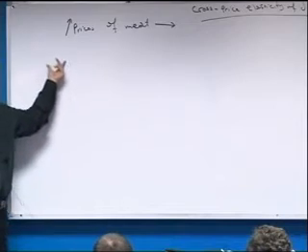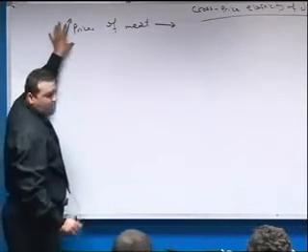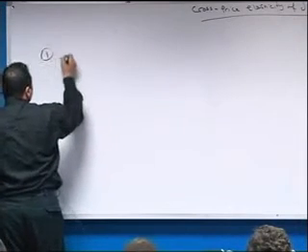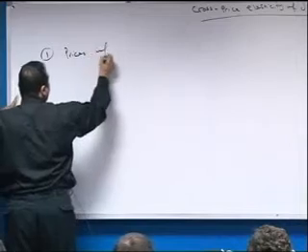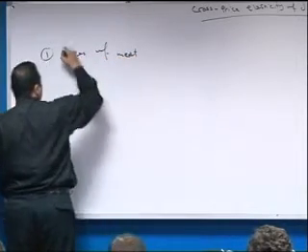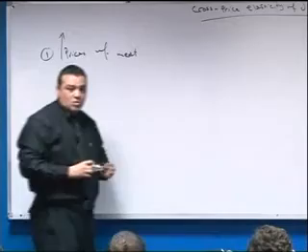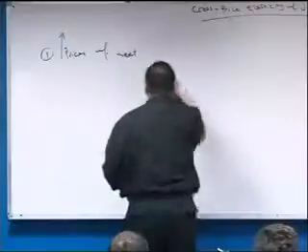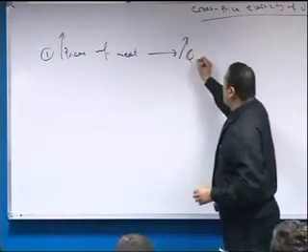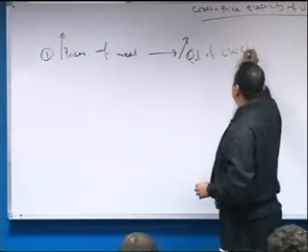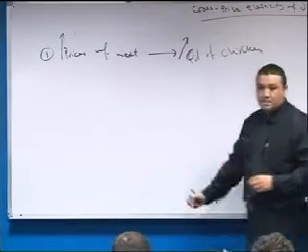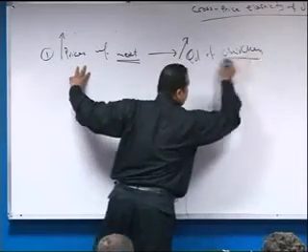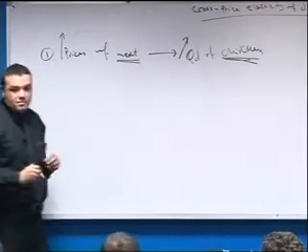We have 3 examples. Number 1, when the price of meat increased, this leads to an increase in the quantity demanded of chicken, right? So, as you see, these 2 goods are substitutes, right?